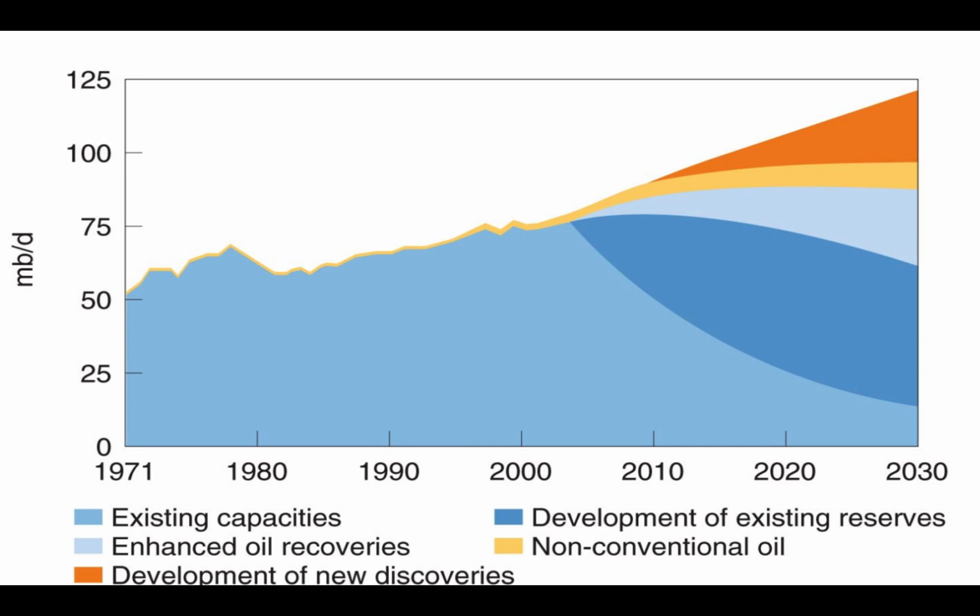Those would be potential reserves. And then we see non-conventional oil. So we can see the importance of new discoveries. We can see the importance of using the potential reserves and then other non-conventional oil, such as biofuel.